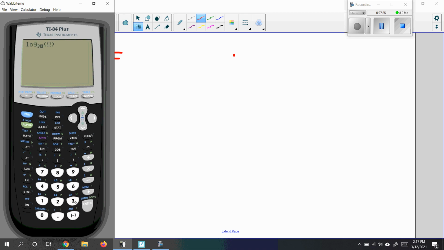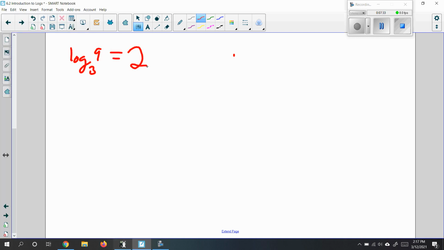So log base 3 of 9 is equal to 2. Which makes sense, because if I were to change this back into exponential form, I would have 3 squared equals 9. And I know that that's true.